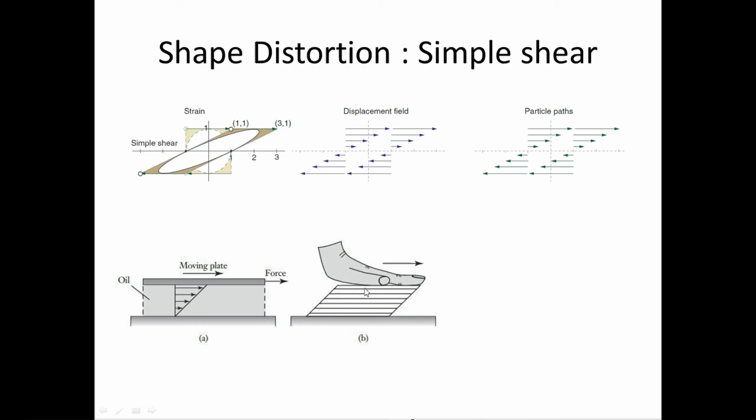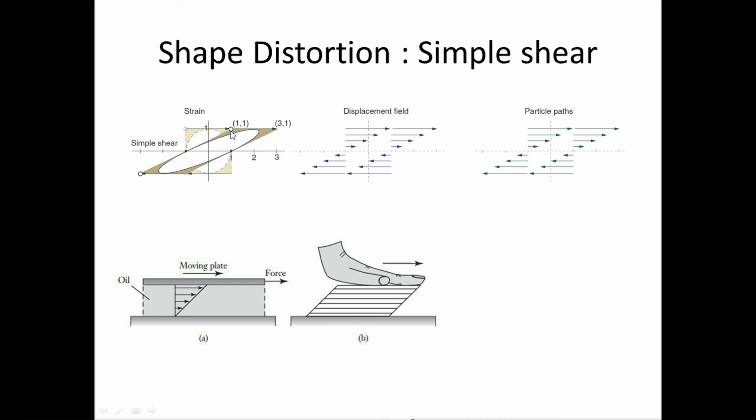At first this deck of cards must be rectangular in shape, but when you slide it and deform it, it will become parallelogram, rhombus in shape. Now this is a simple representation.